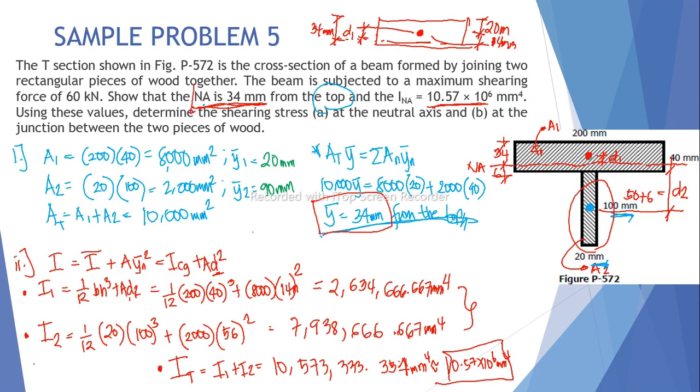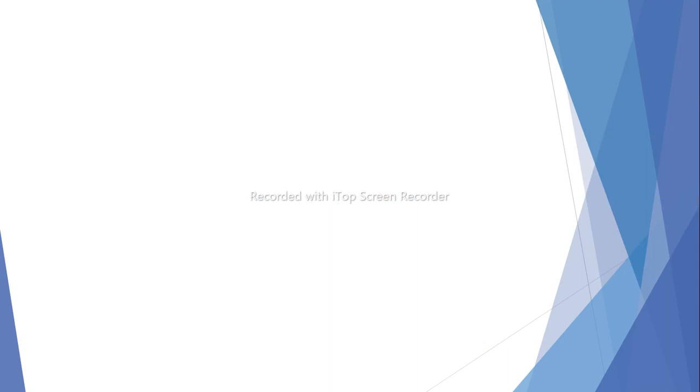So what is shown here is that the distance of the neutral axis from the top is 34 millimeters, and our I, the transfer moment of inertia for the whole structure, is 10.57 times 10 to the 6 millimeters to the fourth. Okay. So next, what will we do? Let me list again here so we don't get confused.